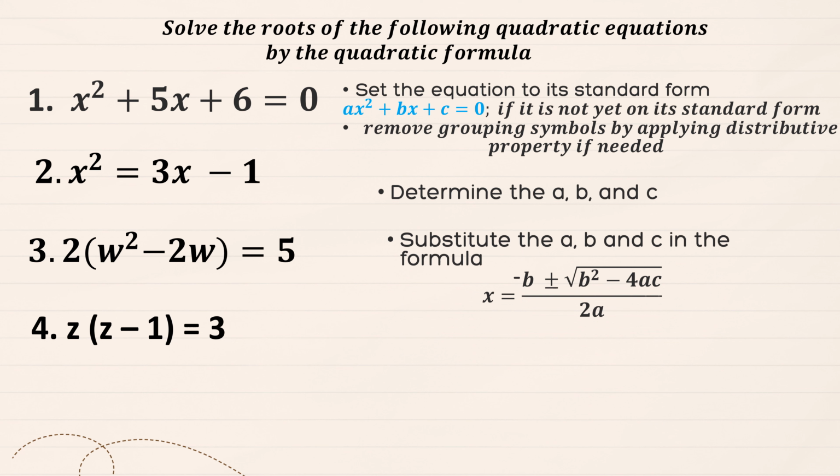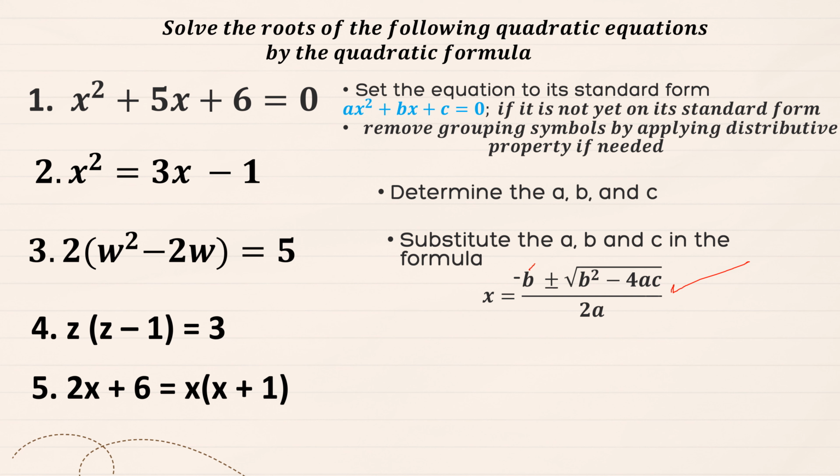After getting the a, b, and c in the quadratic equation, we need to substitute the a, b, and c in the formula. The formula for getting the value of the variable is this: x is equal to negative b plus or minus the square root of b squared minus 4ac, all over 2a, where b is the numerical coefficient of the linear term.